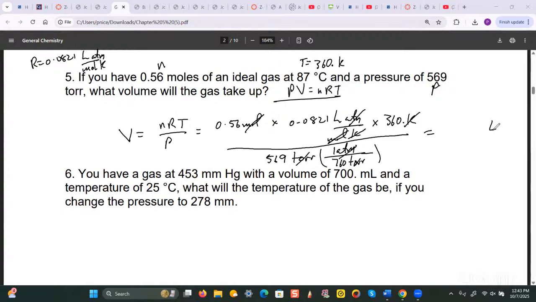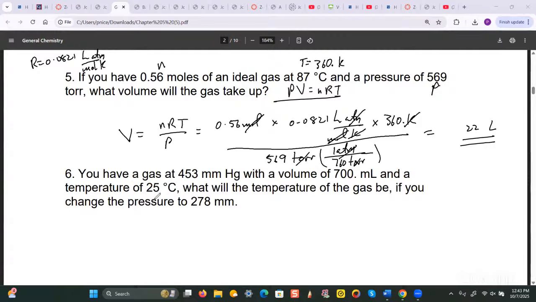According to my calculation, I got 22 liters. Please check to make sure I'm doing the right thing, but I think that answer is correct. Any questions about this one?